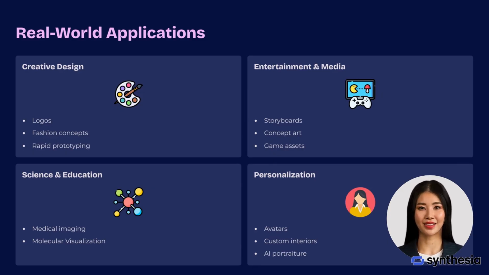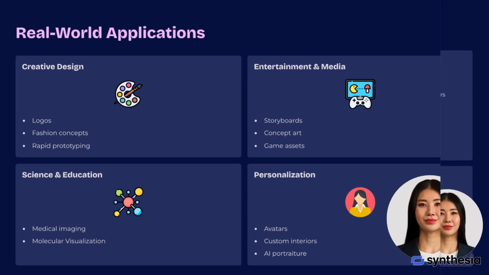Third, science and education. Researchers use diffusion to create realistic images of molecules, proteins, or even medical scans. This helps doctors train on simulated data when real patient data is limited. Fourth, personalization. Apps now let you generate custom avatars, edit selfies, or even imagine how your room would look with new furniture. Of course, these models aren't perfect. They raise questions about ethics, bias, and copyright.